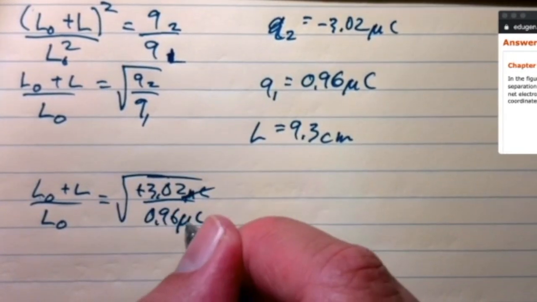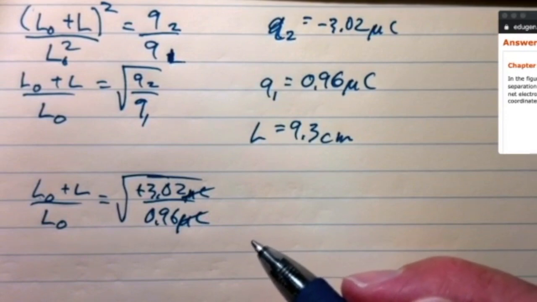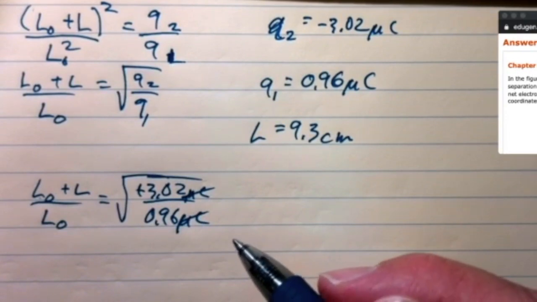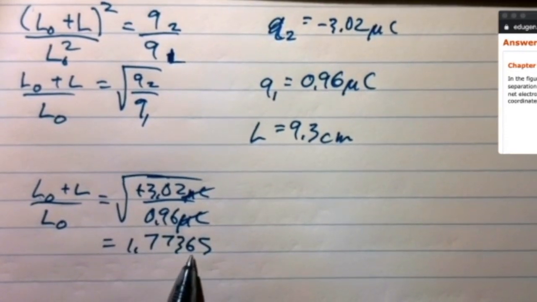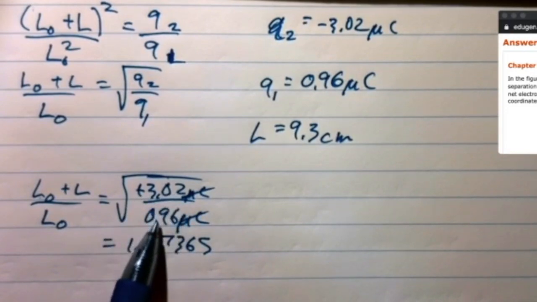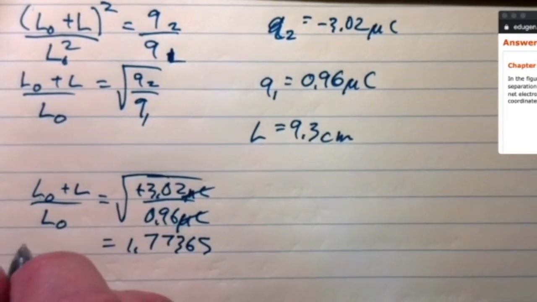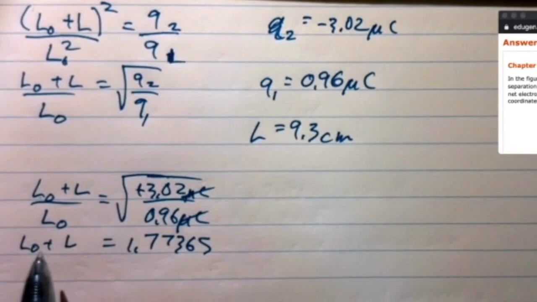Okay, so microcoulombs cancel, and I can get my answer in centimeters. I don't actually need to convert into meters on this one. Mathematica gives me 1.77365 for the square root of 3.02 divided by 0.96. And I'm going to keep my significant digits in there for now, and then later at the end of the problem, I can put in the right significant digits.